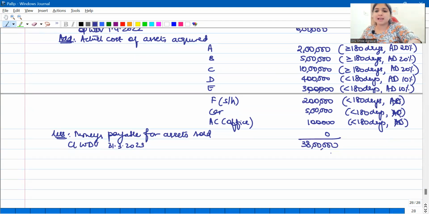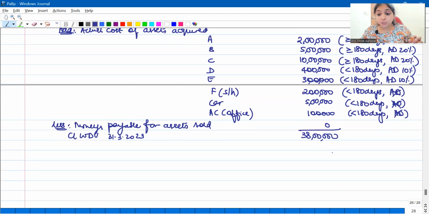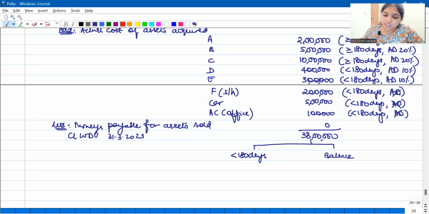Now on this we will calculate depreciation, but do I have to do any splitting or can I straight away calculate? There are less than 180 days, so I will have to split, right guys? Because less than 180 days you will get only half the year's depreciation. So we will split it into two parts, less than 180 days and balance. And you know very well, we always fill in the less than 180 days part first, only then we fill in the balance part.